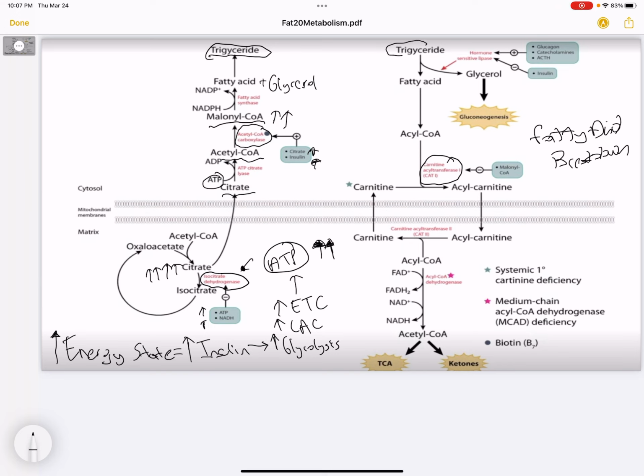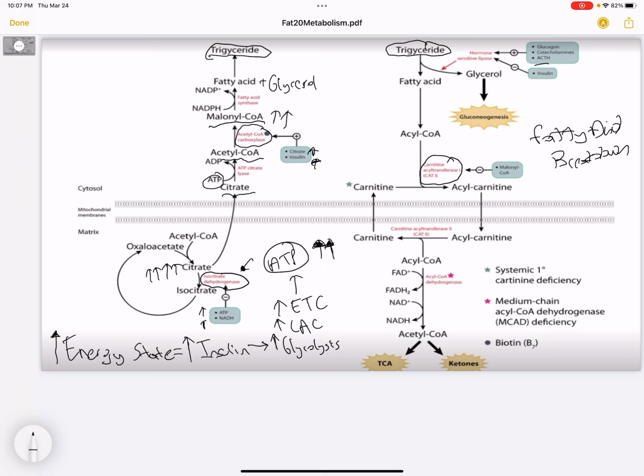So we're starting with triglycerides, which are the major component of fats in the human body. And triglycerides are broken down to glycerol and fatty acids by the enzyme hormone-sensitive lipase. And this enzyme is going to be upregulated by glucagon, catecholamines, as well as ACTH.